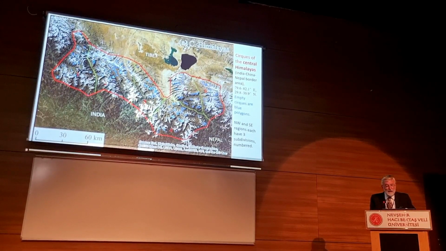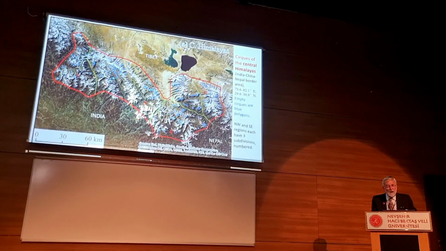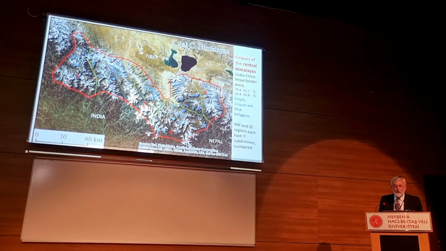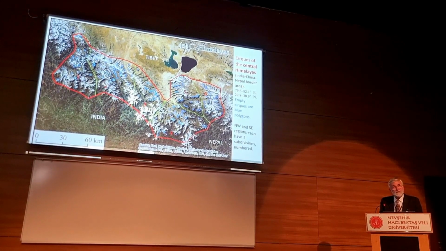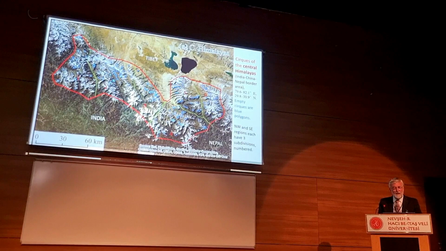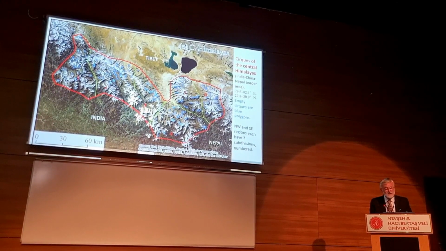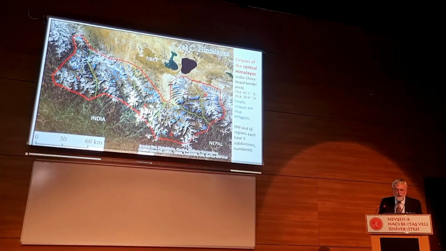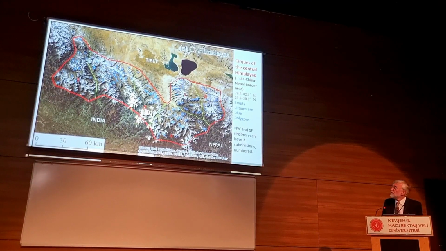And this is the area on the Tibet-India-Nepal border that we have analysed, which has a large number of cirques, and we've measured the empty cirques. It's a bit more complicated dealing with cirques when there's a large glacier filling the cirque. So the blue polygons on this map are empty cirques.